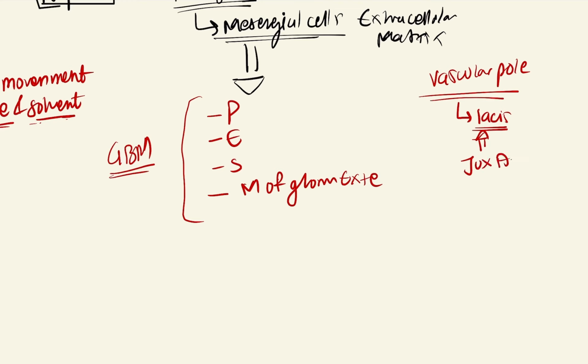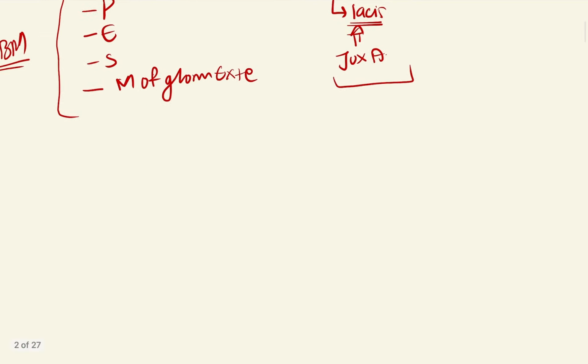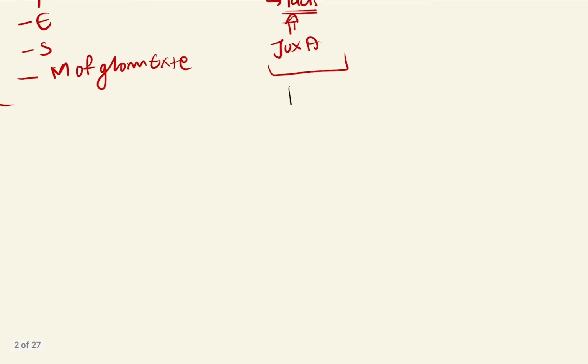This apparatus has something important present: RAS, the renin angiotensin system. What does it do? Basically, it regulates your blood pressure.